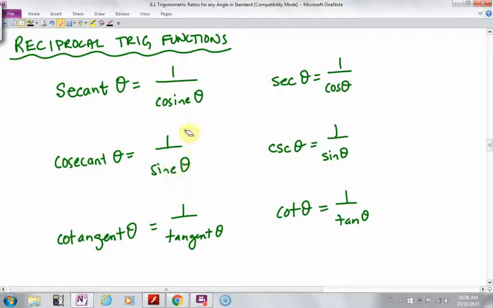Cosecant is the reciprocal of sine, and cotangent is the reciprocal of tangent. That's an easy one to remember. The other two, people sometimes mix them up because cosecant doesn't go with cosine. The abbreviated forms are SEC for secant, CSC for cosecant, and COT for cotangent.